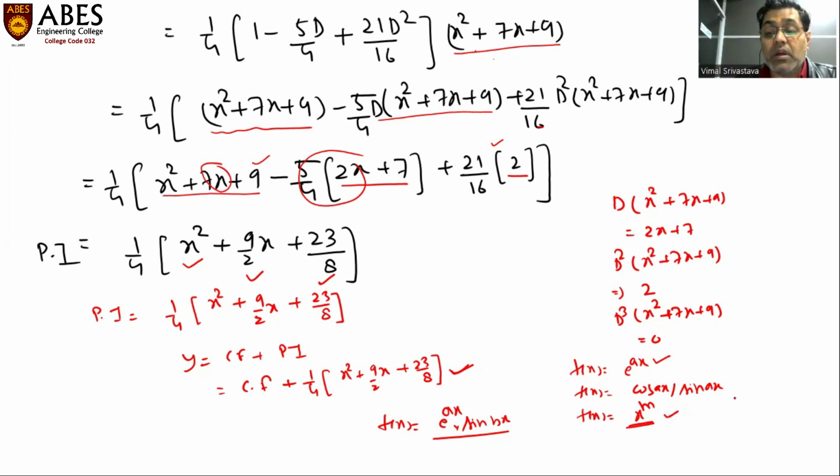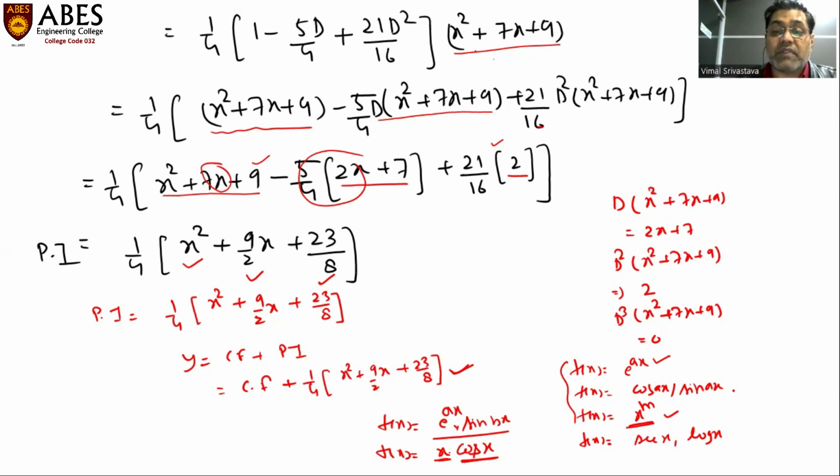Or what would happen when f(x) is of the form of some polynomial in x into sin x or cos x, that is a polynomial term and a trigonometric term. So in our next video, we will discuss all these aspects and another case when f(x) is something like sec x, or sometimes log x, or any other function of x. Then how to find the pi.